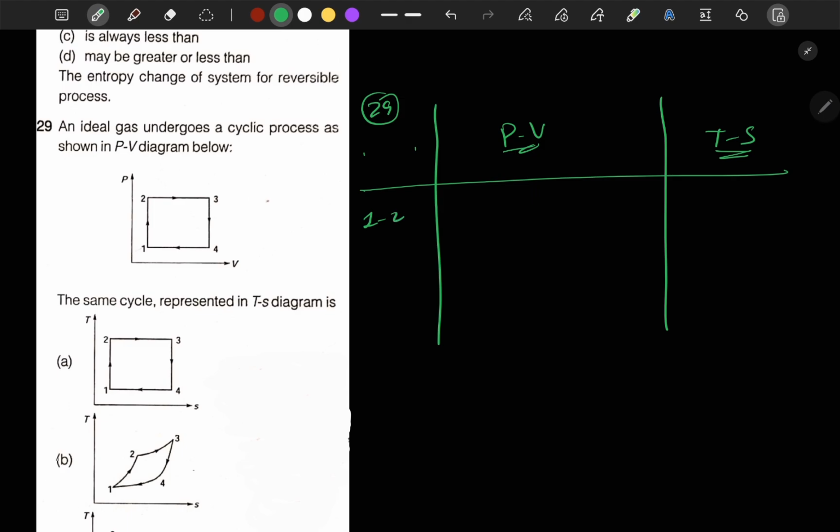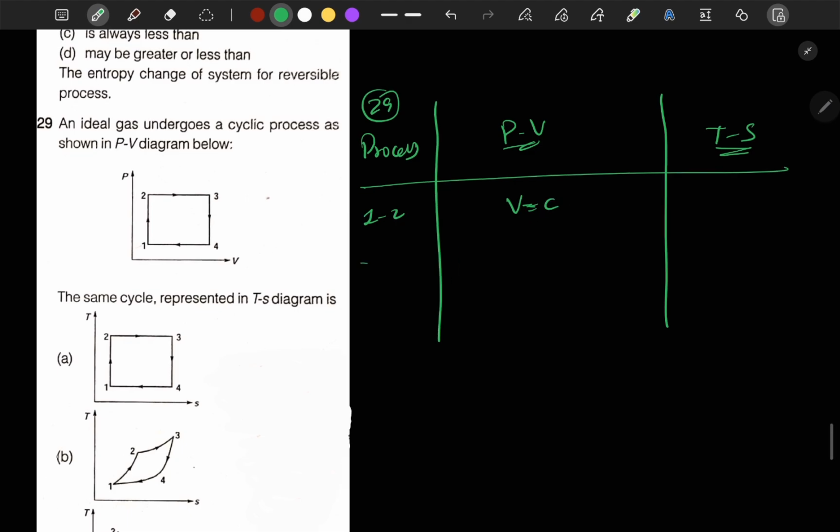Process 1 to 2 on the PV diagram is a constant volume process. So on the TS diagram it would be a curve. This is our constant volume curve, and it will have a higher slope than constant pressure.